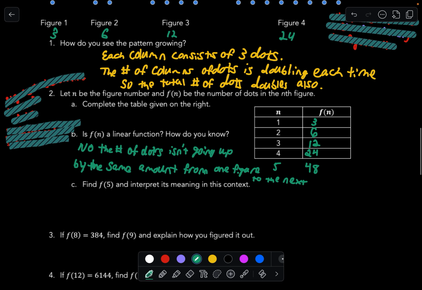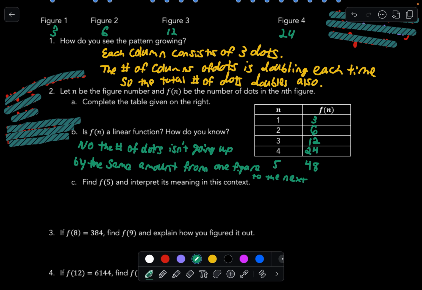All right, now it says C. Again, you should be doing this on your own, then coming back and seeing what I wrote. Find f evaluated at 5. Well, I just did it. It's 48. f of 5 equals 48. And what is the meaning of this?